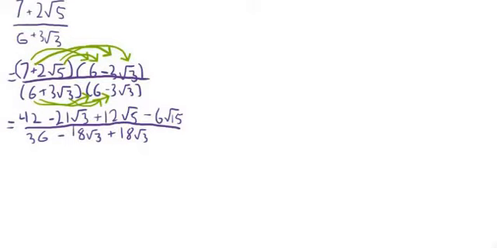Then 3 root 3 times minus 3 root 3 is 27, because the 3 multiplies by the 3, or the minus 3 here, and root 3 times root 3 is root 9, which is 3, so 3 times 3 times 3 is 27. It should be minus 27.